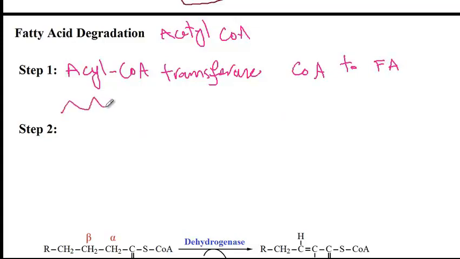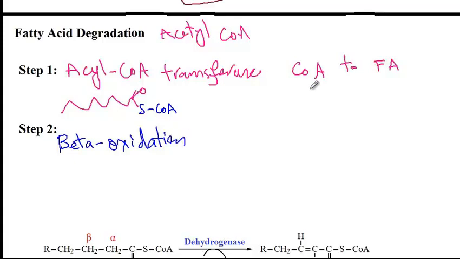So here, let's say that we have a fatty acid O negative. Now with this acyl coenzyme A, we will have S coenzyme A replacing it. And now the second reaction is where beta oxidation kicks in.